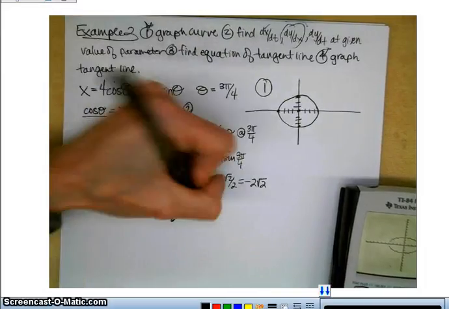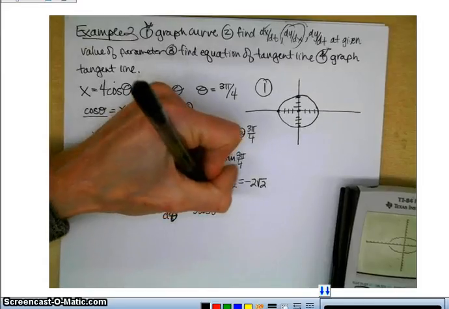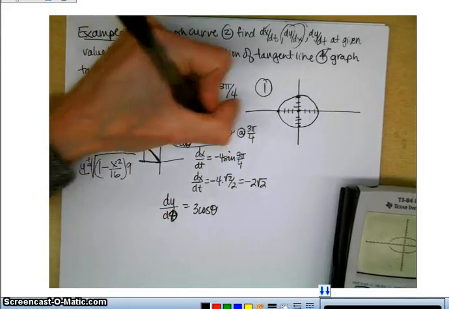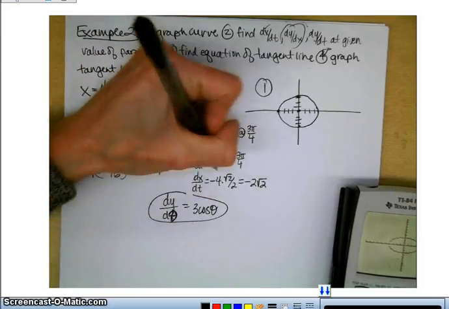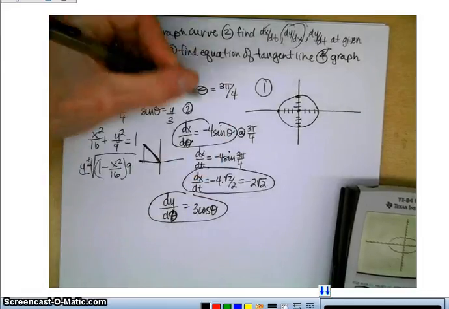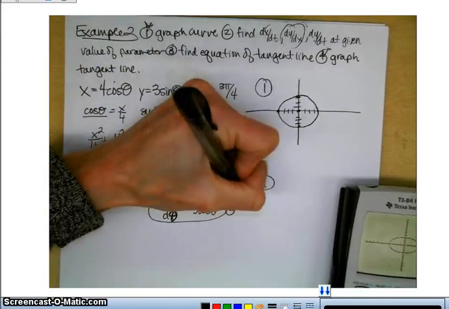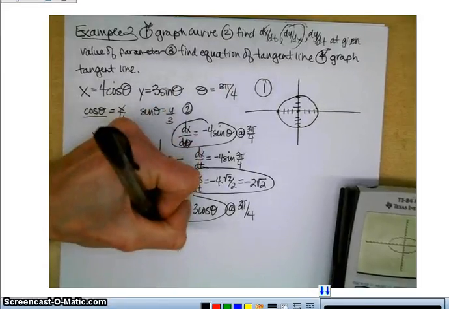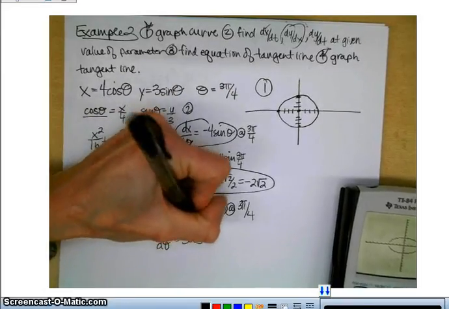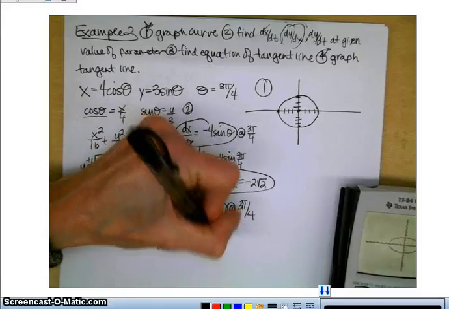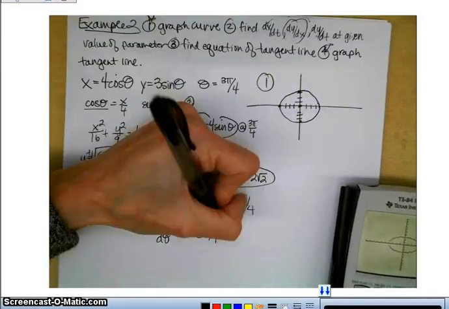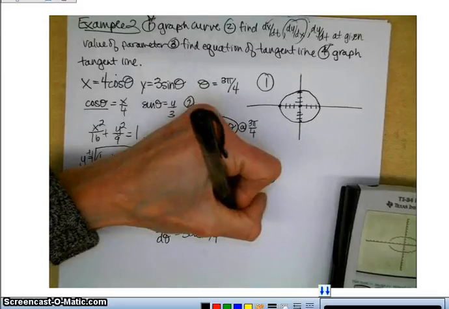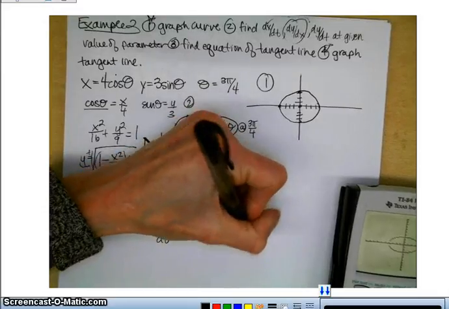So this would be 3 cosine of theta. And so here's one answer up here. And then at 3 pi over 4, I want to plug 3 pi over 4 in. Cosine of 3 pi over 4 is negative radical 2 over 2, so this is negative 3 radical 2 over 2.